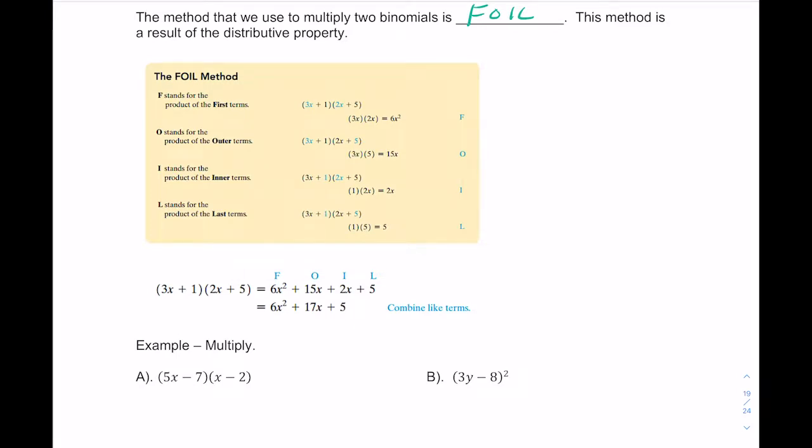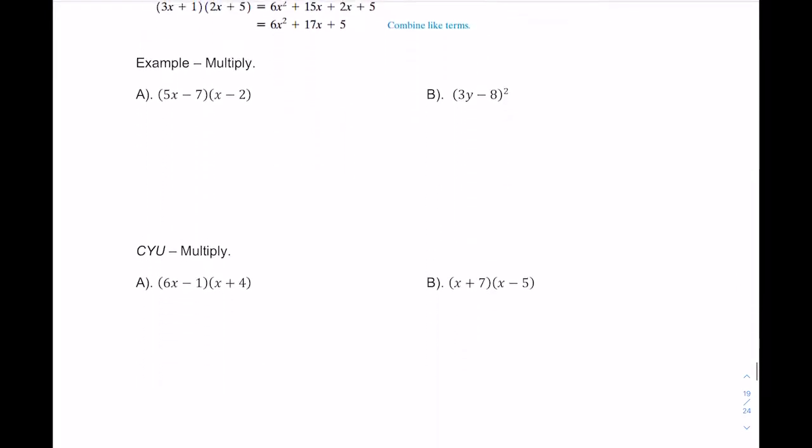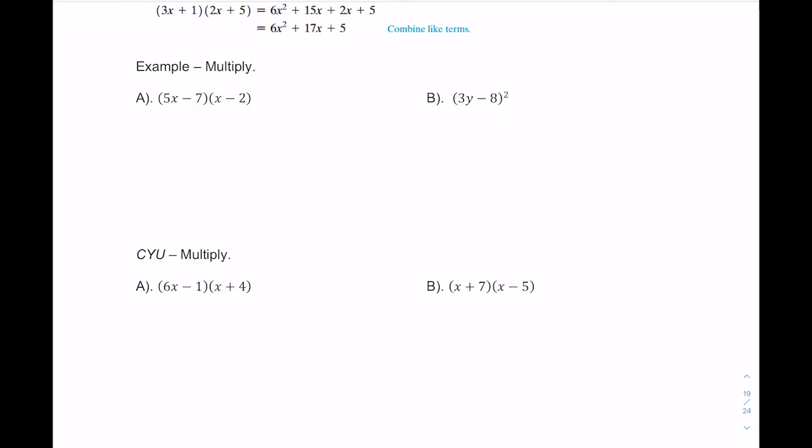So for example, if I was to take these two binomials, 5x minus 7 times x minus 2, and multiply them together, I would first multiply my first terms together, which would be 5x times x. And 5x times x gives us 5x squared. Then I would multiply my outer terms together, which would be 5x times negative 2.